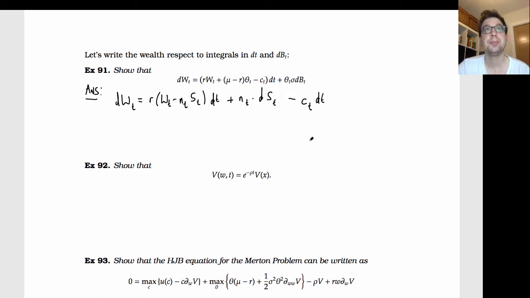I can notice that this is theta of t, and that this is a geometric Brownian motion, so I've got the stochastic differential equation for that.